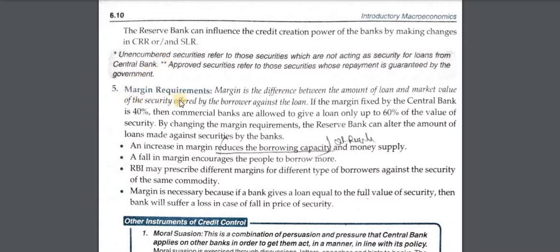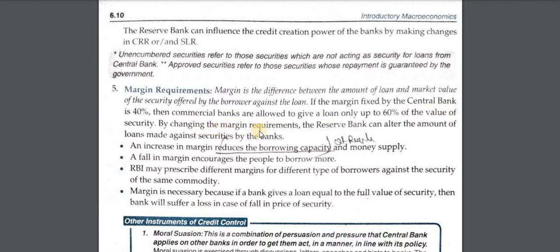5. Margin requirements. Margin is the difference between the amount of loan and the market value of the security offered by the borrower against the loan. If the margin fixed by the central bank is 40%, then the commercial banks are allowed to give a loan only up to 60% of the value of security.